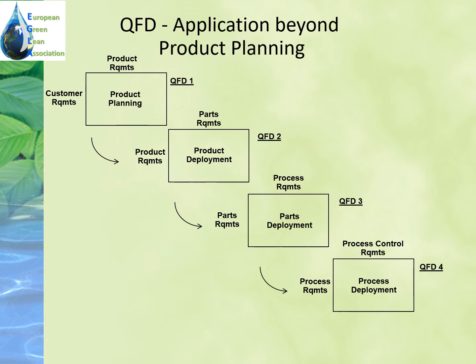This is, shortly, the first steps of QFD. The first part is for product planning, when you have product requirements and customer requirements. Second is the actual product deployment, where you think about parts requirements, product requirements. Then you have to start thinking about the process in relation to parts.